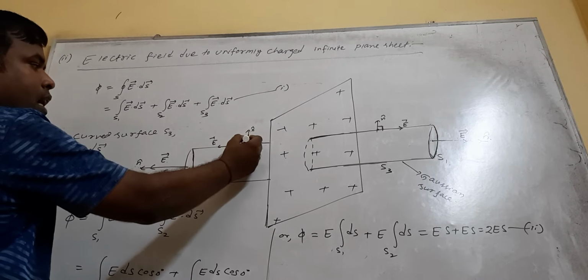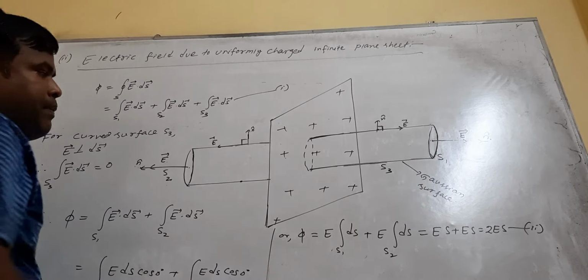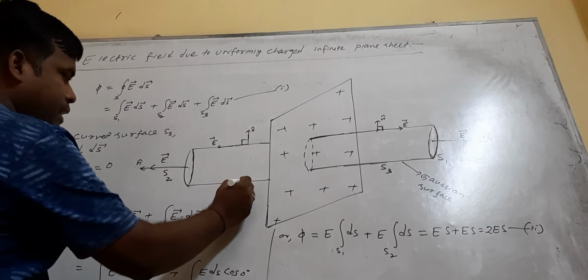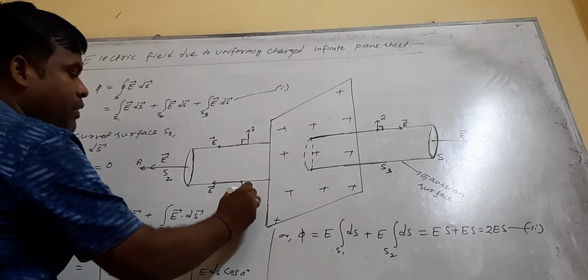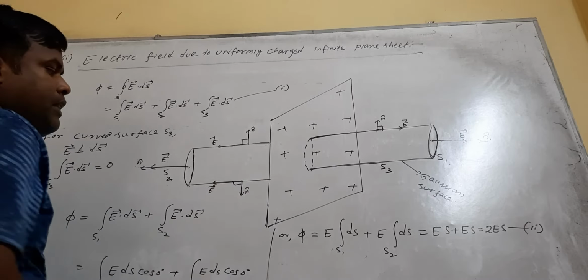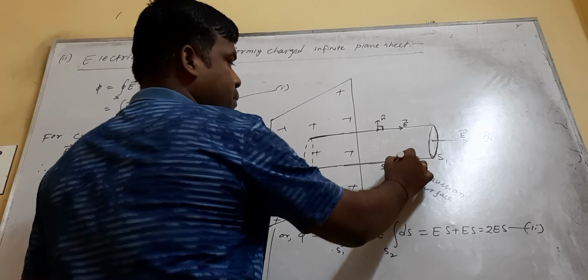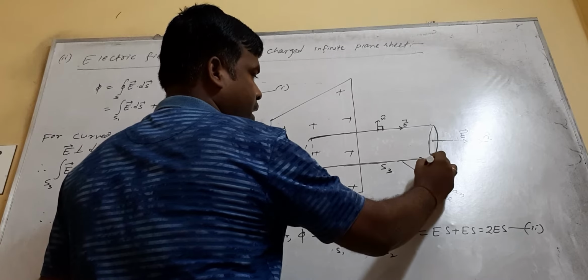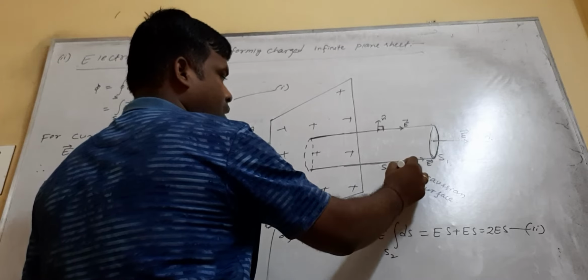That is upward. What is the angle between them? 90. And at this point, it is the direction of the electric field and it is the direction of the area vector. What is the angle between them? That is also 90. Similarly, for this point also, what is the angle?